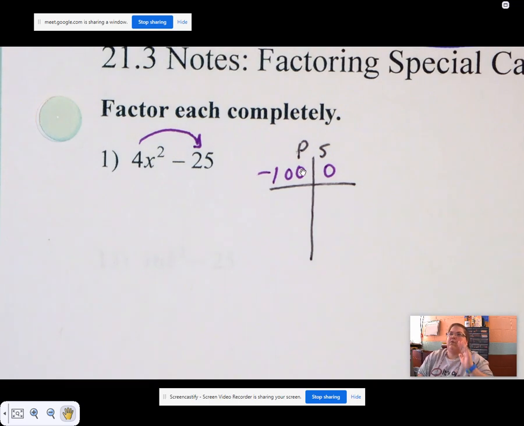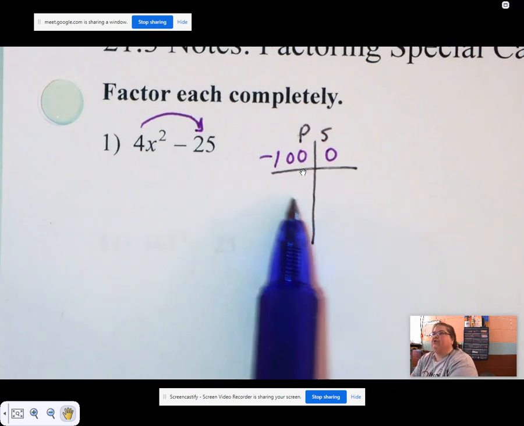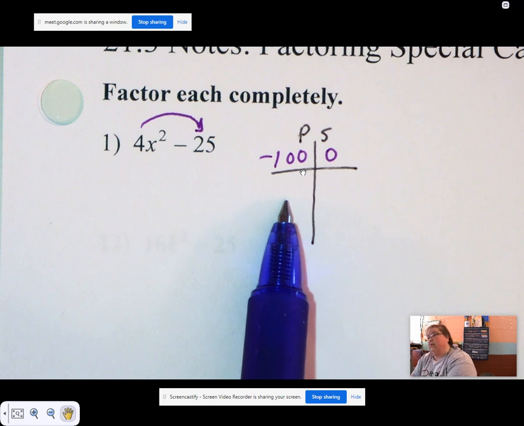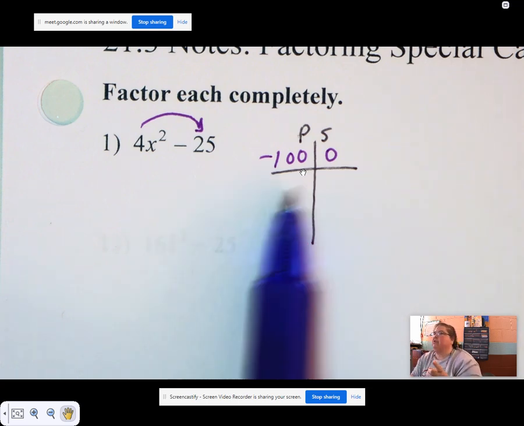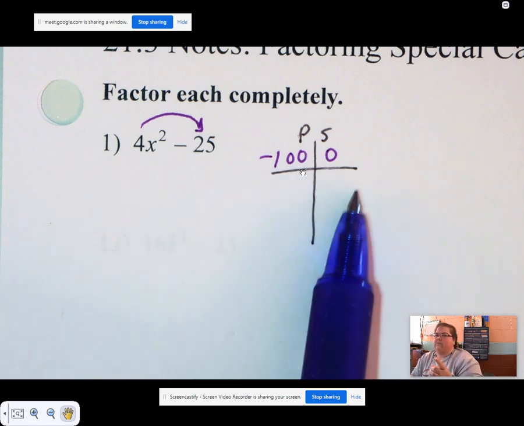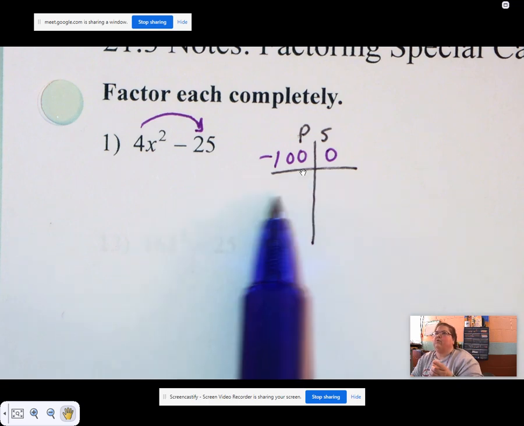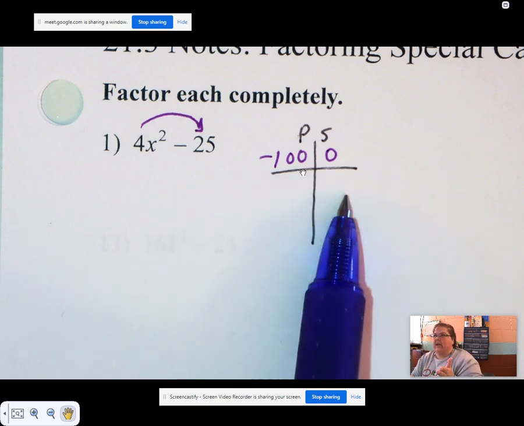I want you to not write every factor. Use your calculator. Okay, when you start getting close, maybe write those down. But in your mind, I want you to run through them all, or on your calculator, run through them all. So I start with 1. Negative 1 times 100, not going to get me to 0. Negative 2 times 50, is that going to get me to 0? 3 doesn't work. Negative 4 times 25, well, those don't add to get 0.